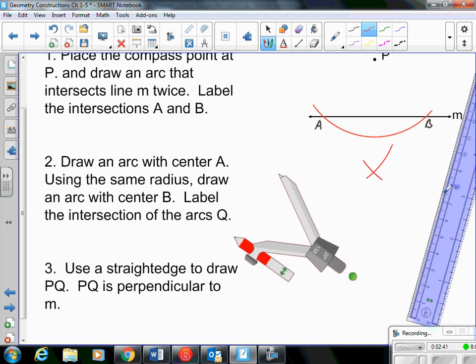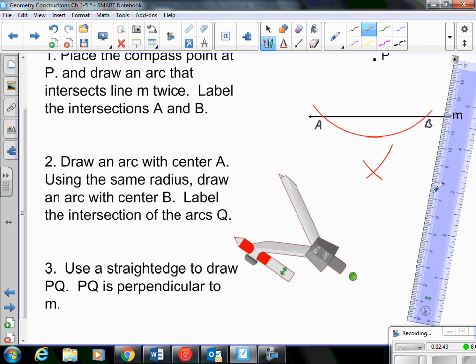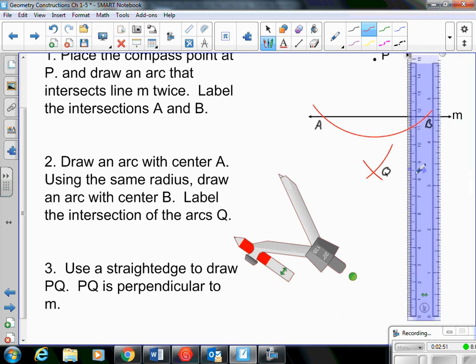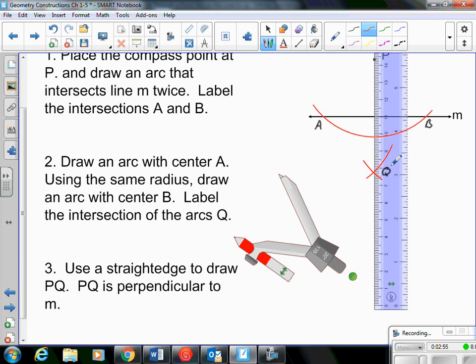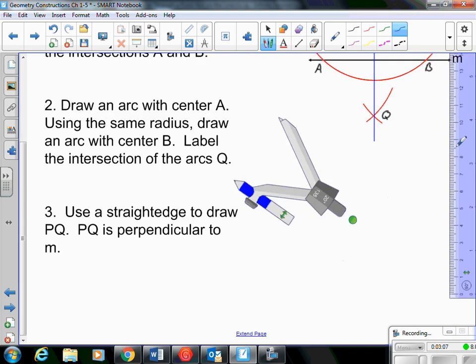And once we've got that arc, so let's call that Q. And once we're there, we line up P and Q and draw in our line.